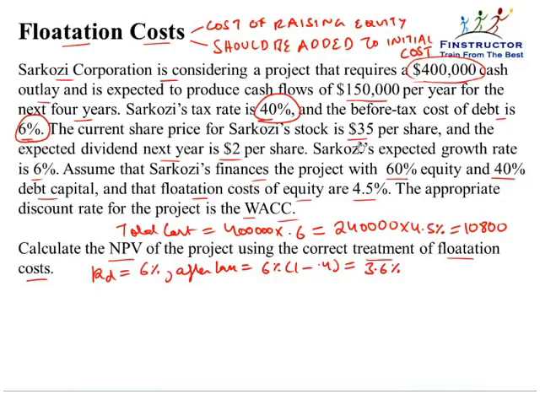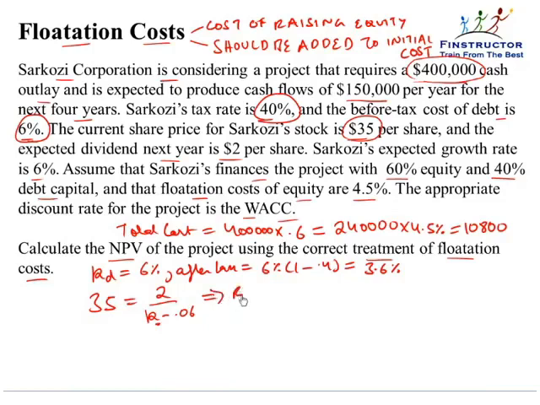The share price is given to be $35 and the expected dividend next year is $2 per share. The expected growth rate is 6% and we are asked to compute the cost of equity because we will need this as a component to our WACC calculation.